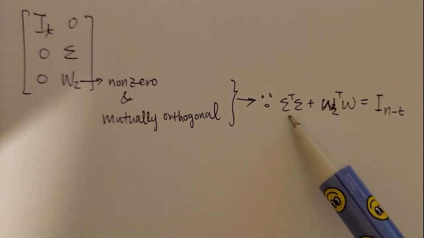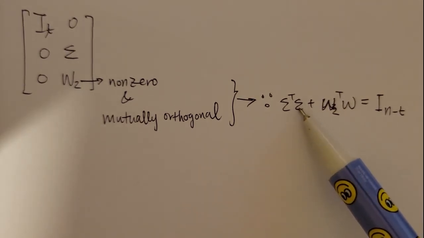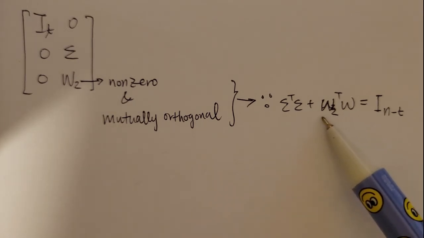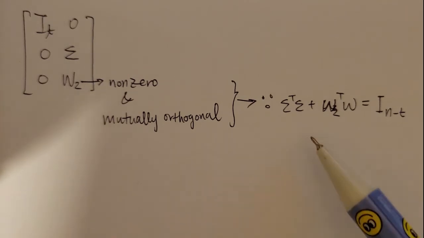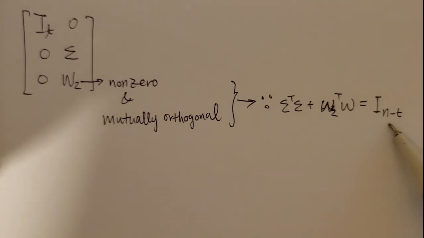So each component of sigma squared plus each component of W2 squared at each column has to add up to 1.